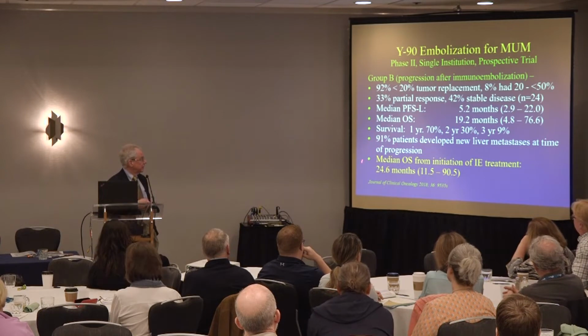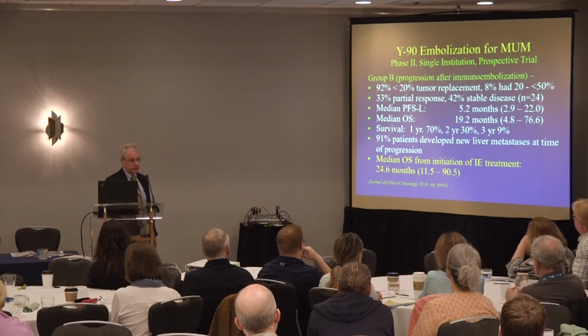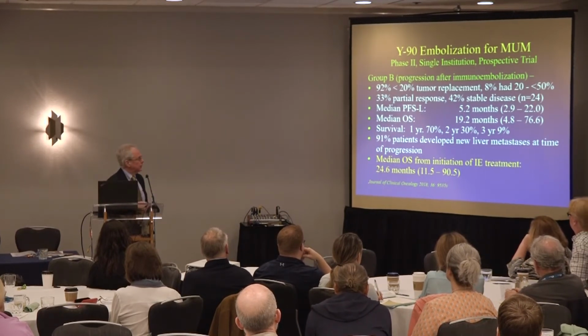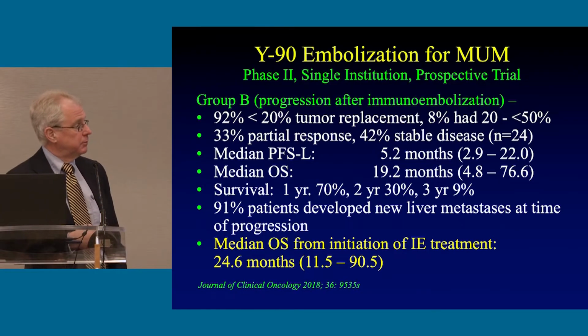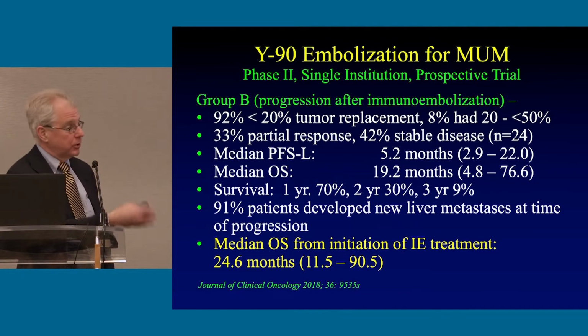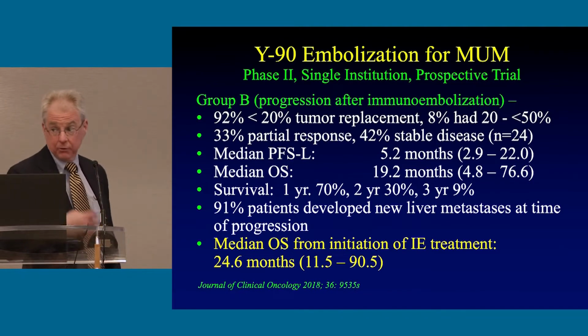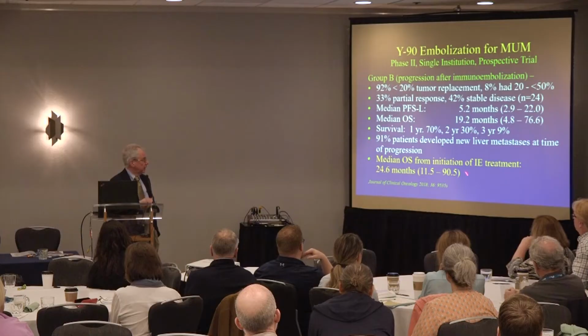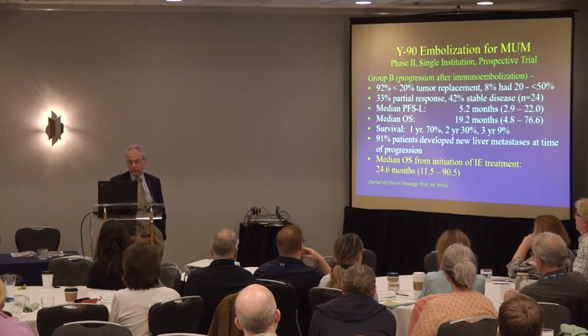But again, while this wasn't statistically significant as a comparison between the two groups, patients who started treatment with immunoembolization and then went on to have radioactive microspheres as part of this trial, half of them are getting to the 2-year mark, and notice quite a long tail of patients living out longer.